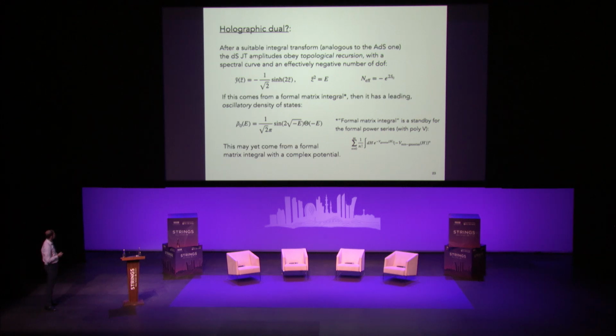And it turns out that after a suitable integral transform, these amplitudes that we get obey topological recursion, which is a non-trivial statement, but with a spectral curve that's effectively an analytic continuation of the usual AdS-JT spectral curve, sinh of square root.